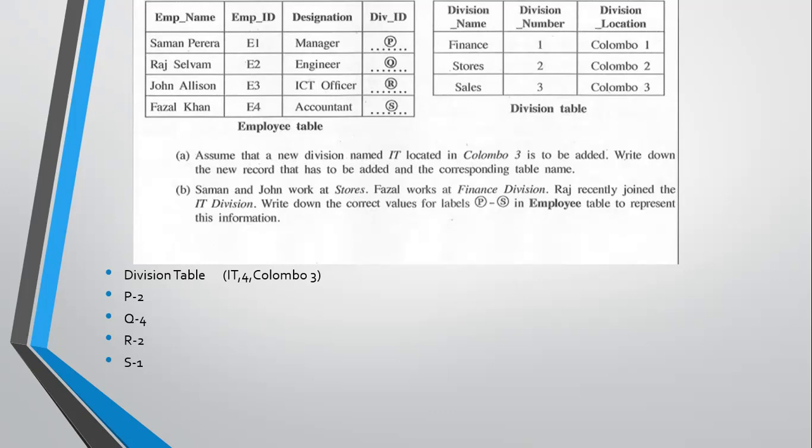And Raj is in the IT division, which is 4, so Q is 4. You need to be careful about the numbering. PQRS is 2, 4, 2, 1. So this is the end of the first question.